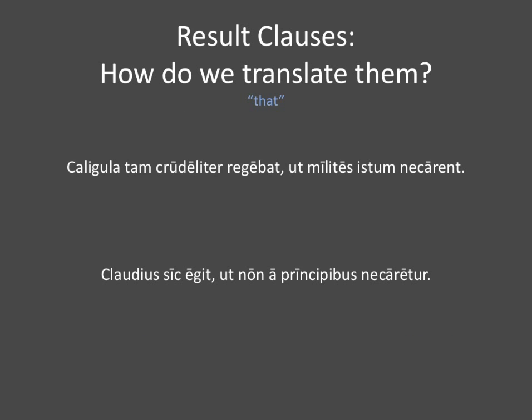So, how do you translate these clauses? You can translate result clauses pretty literally. English just uses that for the ut and the indicative in the subordinate clause. Therefore, Caligula tam crudeliter regebat ut milites istum necarent becomes Caligula was ruling so cruelly that the soldiers killed that despicable man.